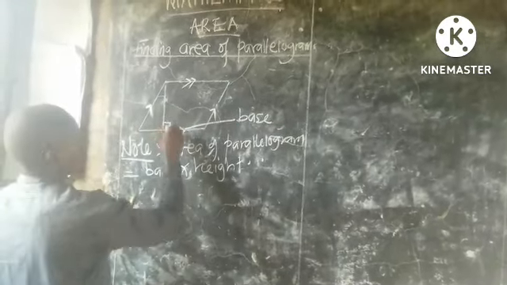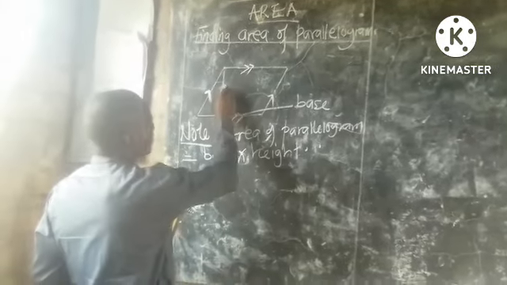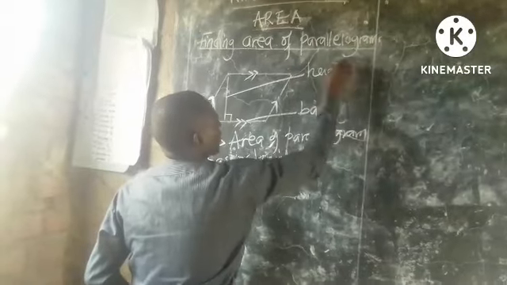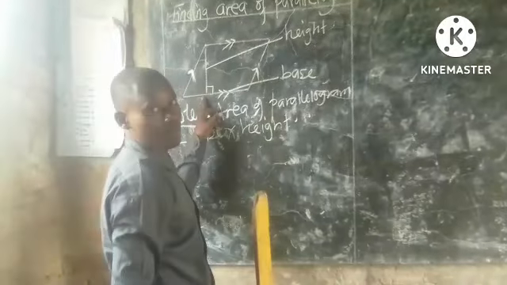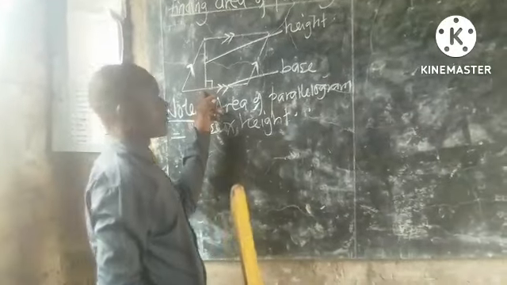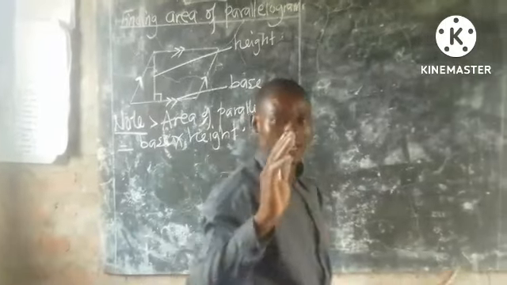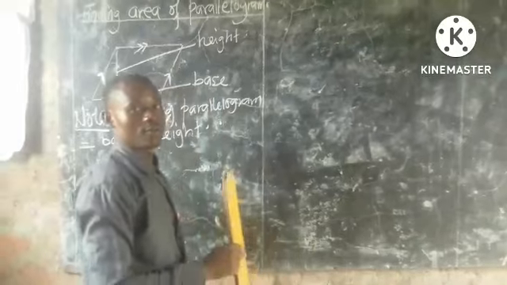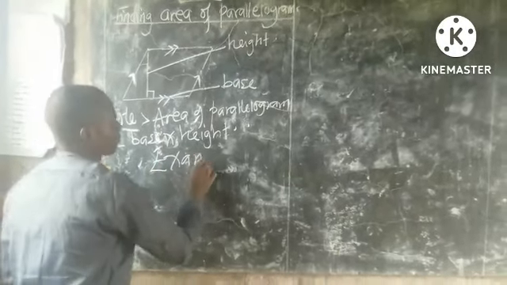And as well, we discover our height by the 90-degree symbol. That means this is our height. So you discover the base and the height of the parallelogram by those two things. So here, without wasting time now, let's check on how we can calculate the area of a parallelogram. So we shall check on our example.